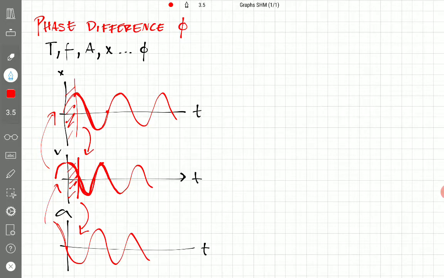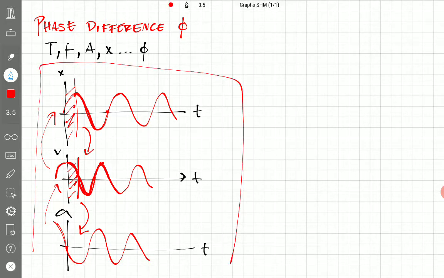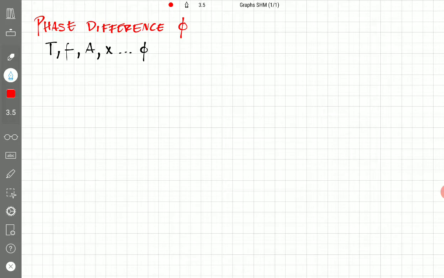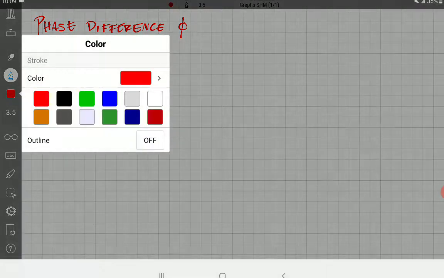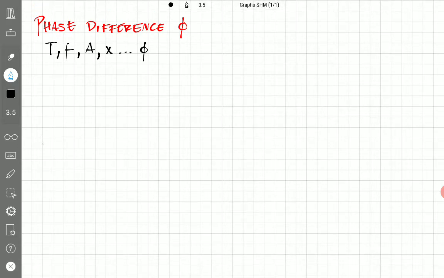So it's very useful. Now, the reason why I'm emphasizing these graphs is because these graphs actually can be also compared to one another, and that's precisely what phase difference is about. So the concept of phase difference has to do with comparing equivalent graphs for different types of motion or for different situations.